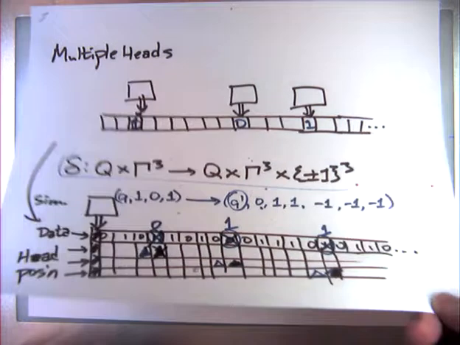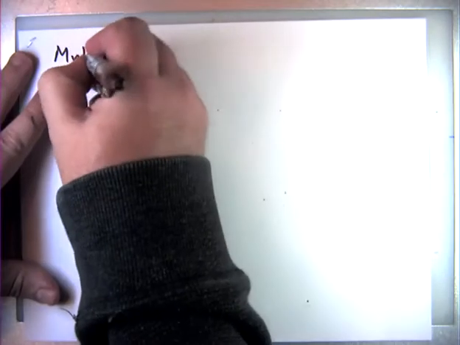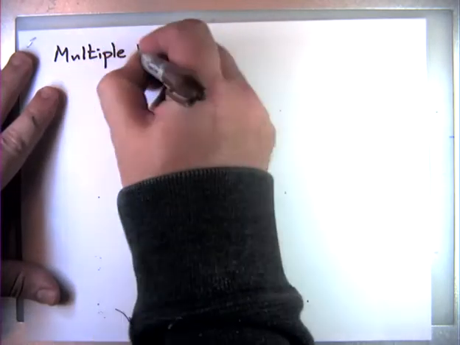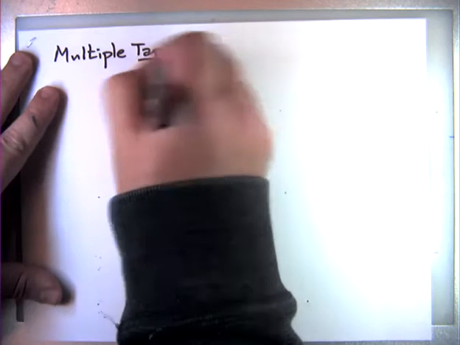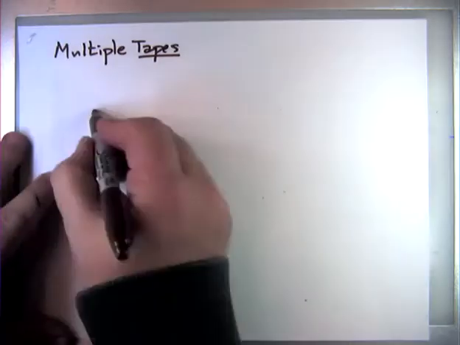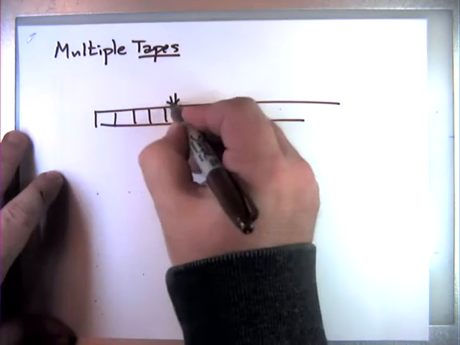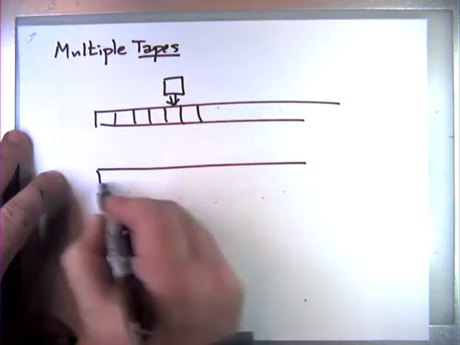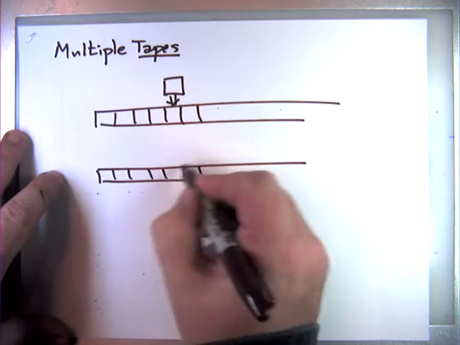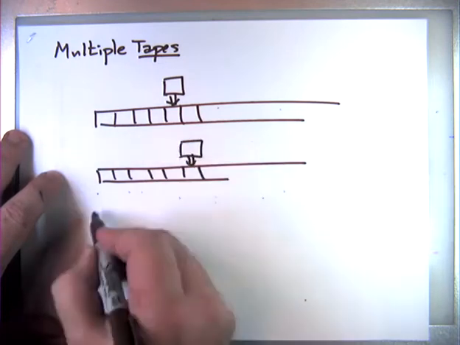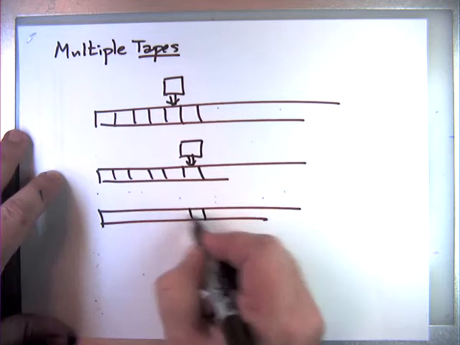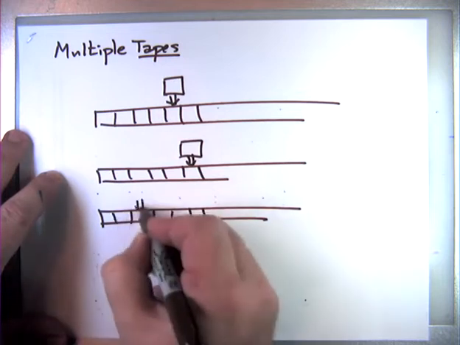Okay. So now, once you have multiple heads, the next step is to have multiple independent tapes. Right?